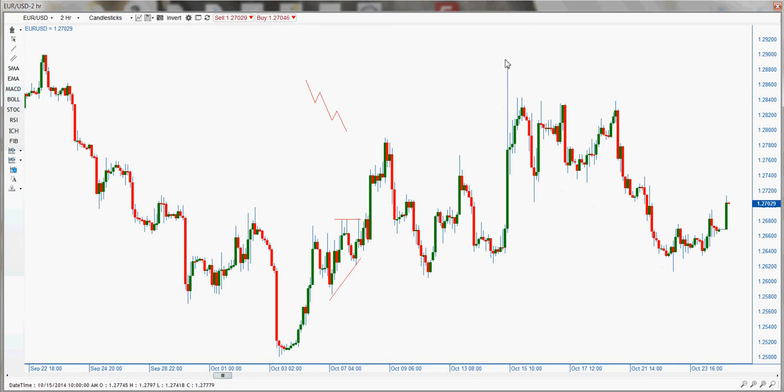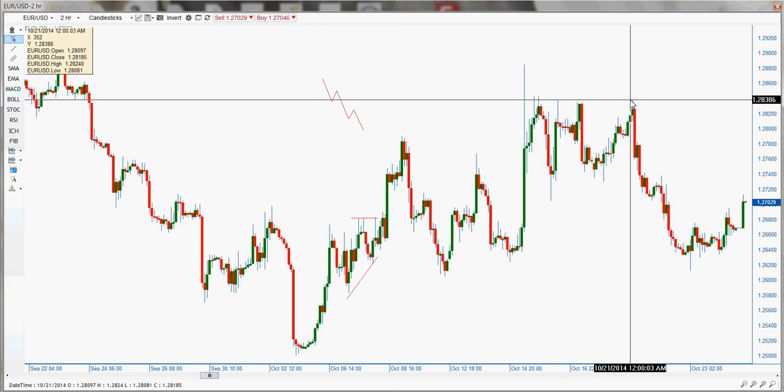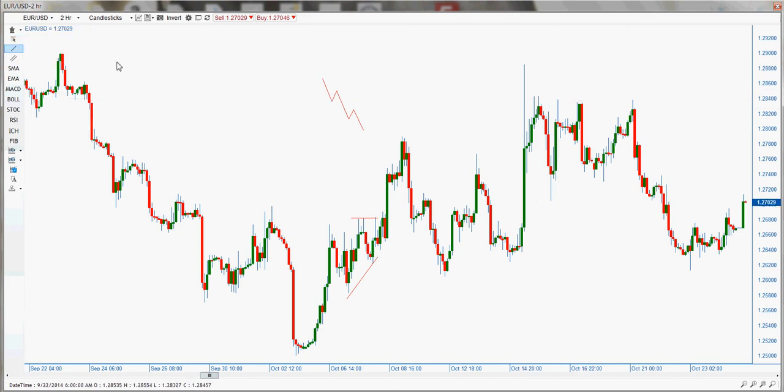In fact, from this very top to this low, we have a 3-wave move down. What follows that is a 3-wave move up. So already, and actually let me take a look at this high. This high is a double top to this high. So they're definitely related. So we have a 3-wave move down, 3-wave move up.